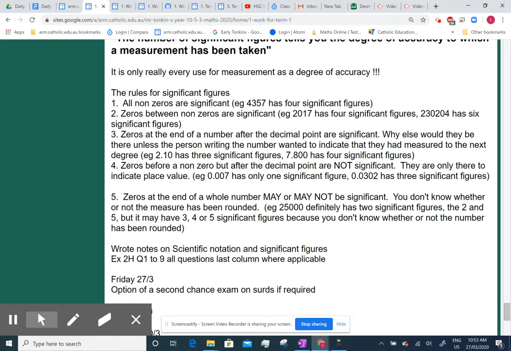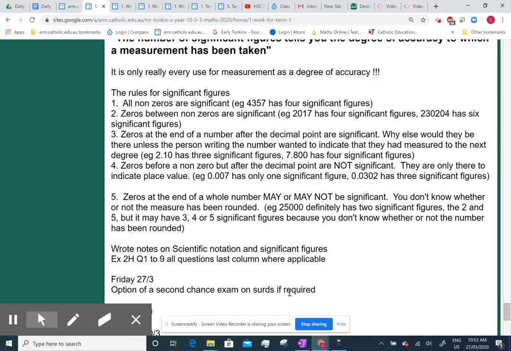Zeros before a non-zero, but after the decimal point are not significant. They're only there to indicate place value. So 0.007 has only 1 significant figure. 0.0302 has 3. The 2 zeros before the 3 are not significant. They're there for place value.